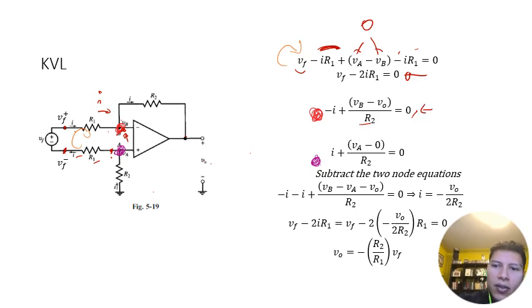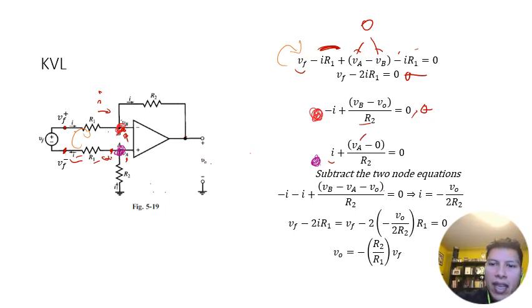And then, of course, I can solve this for I. And then this nodal equation tells me that, again, I, but now I is coming out, so it's positive, plus VA minus 0 over R2 has to be equal to 0.